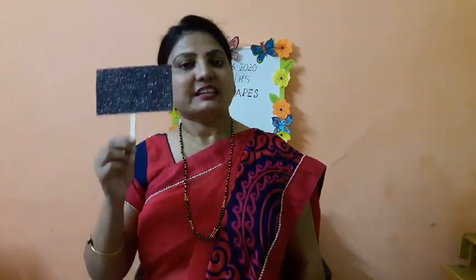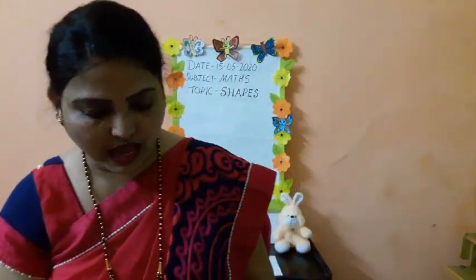This is rectangle. Once again. Circle. Triangle. Square. And rectangle. So we have learned these 4 shapes.